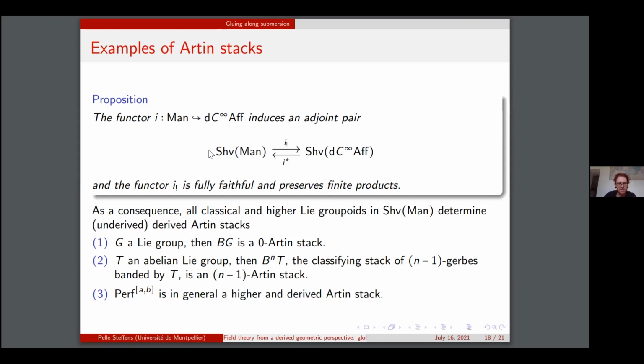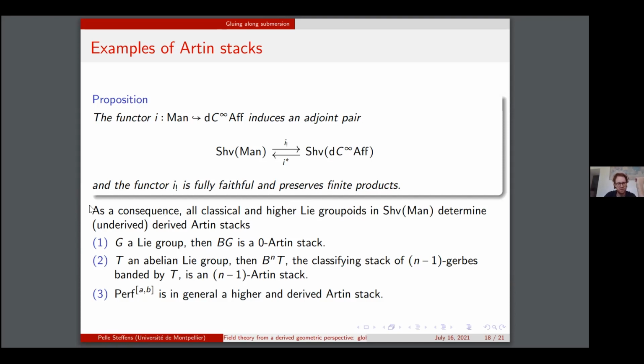Well, in any case, as a consequence of this result, all higher Lie groupoids that we already had in sheaves on manifolds, so all classifying stacks of groups, all classifying stacks of n-gerbs, become also derived stacks in a trivial way.